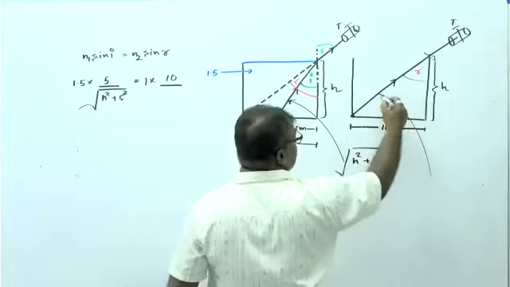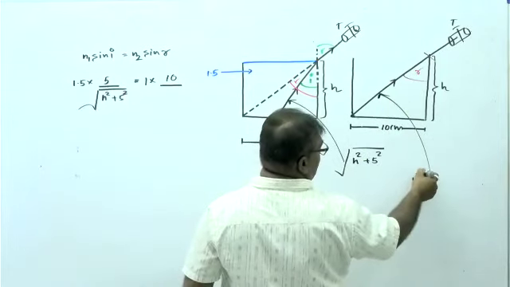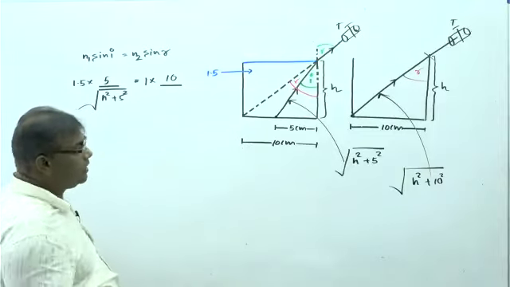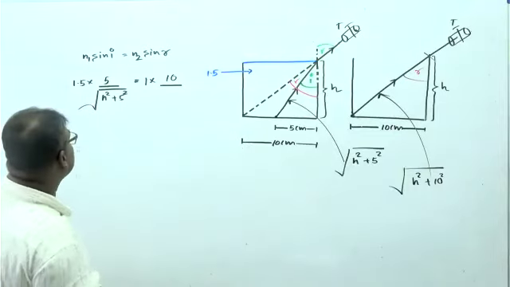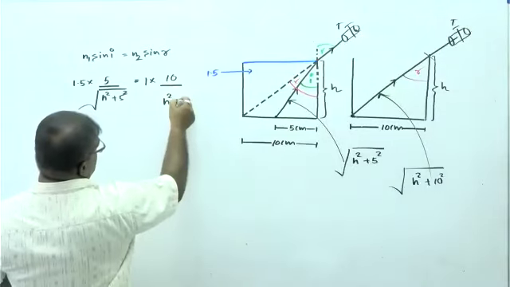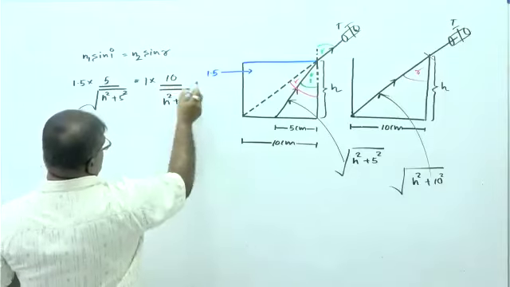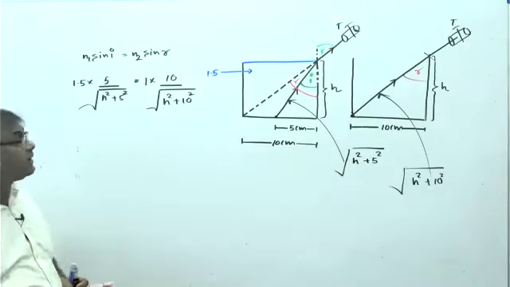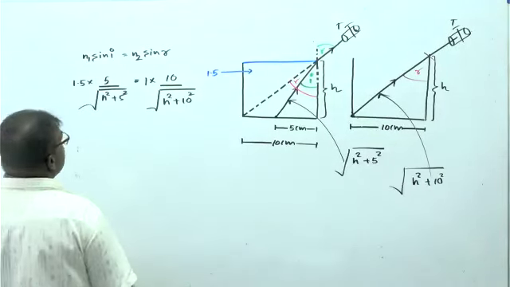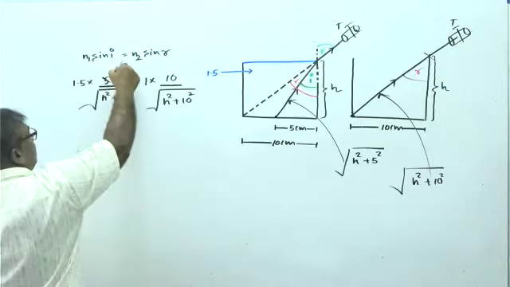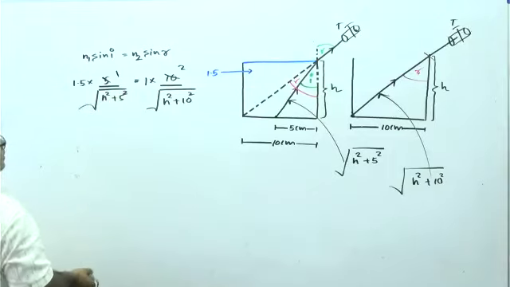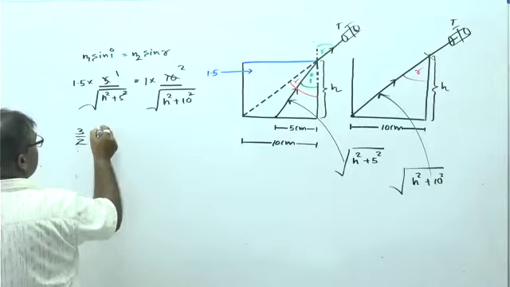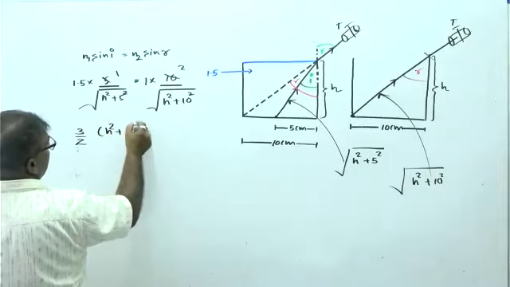It's the square root of h squared plus 10 squared, yes. Done, just Pythagoras. Simplify to find h. Here 5, 1, here 2. Then this one is 3 by 2, having the square root of h squared plus 10 squared.